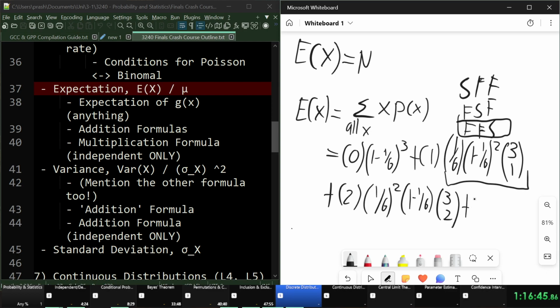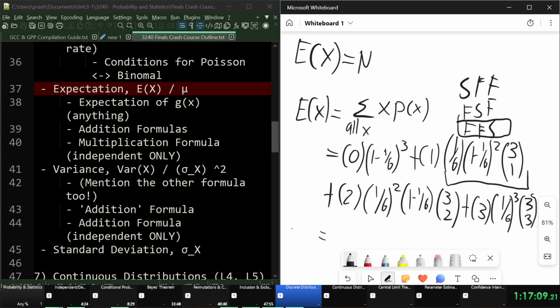And then finally, we've got getting 3 6s in all 3 of our dice rolls, which is insanely lucky. What is that? 1 over 216. That's like 0.04%. Insanely lucky. And this is 3 choose 3, which is just 1 at the end of the day.